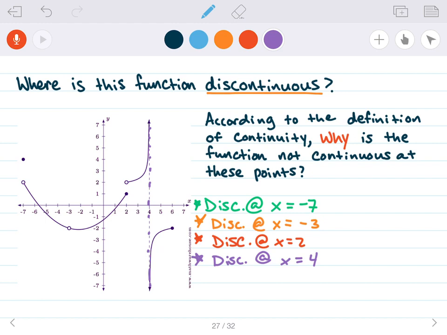Okay, and let's see, what else? Did we miss anything else? No, I think that covers it. So those are some examples of discontinuities and how to find them in a graph.